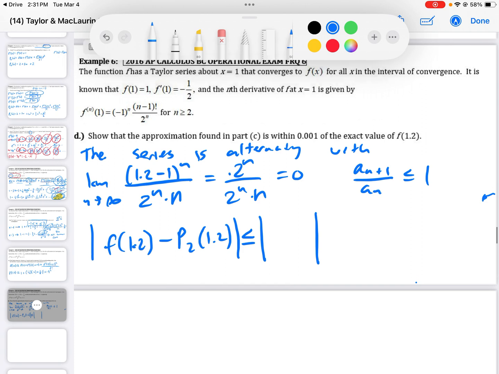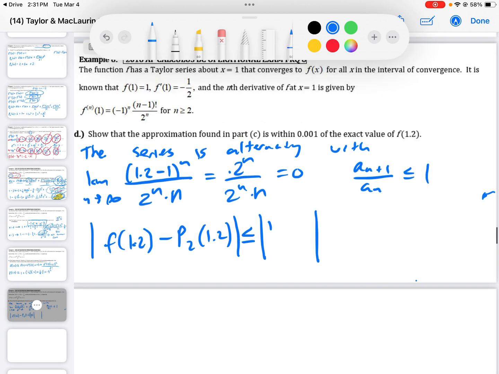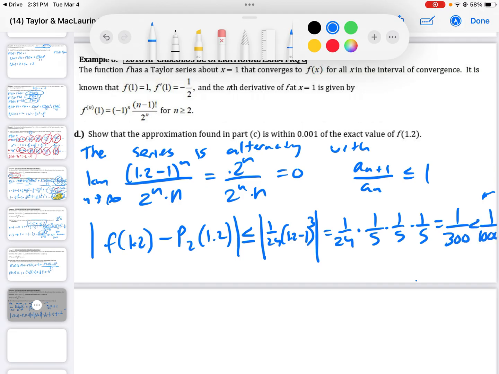So the third term was 1/24 times 1.2 minus 1 cubed, which is 1/24 times, okay, 1.2 minus 1 is 0.2, and 0.2 is 1/5 times itself 3 times, which is equal to 1/300, which is less than 1/1000.